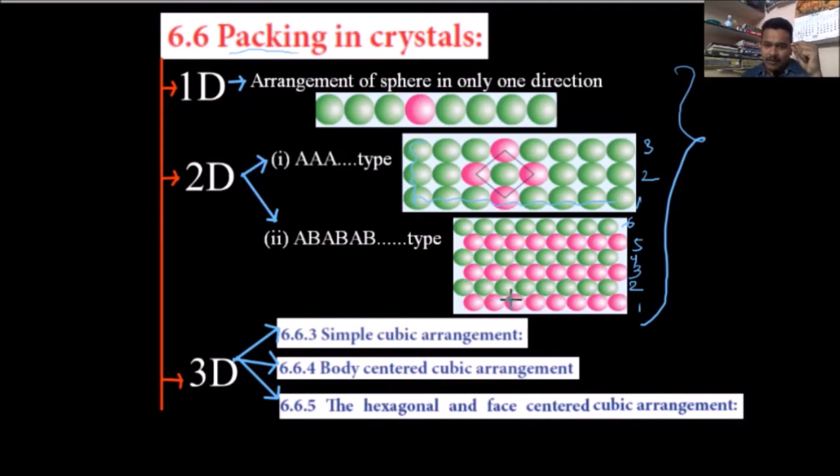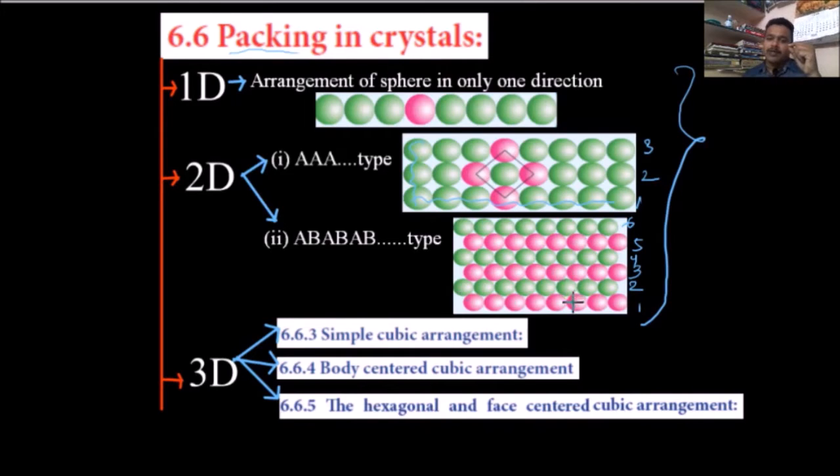In those depressions you arrange the spheres, and that will be the second row. Then in the second row depressions we arrange the third row, and in the third row depressions we arrange the fourth row. Similarly the fifth row and sixth row.